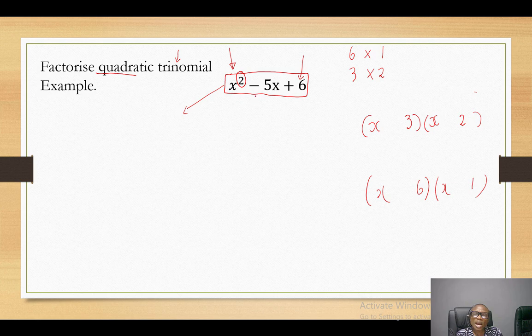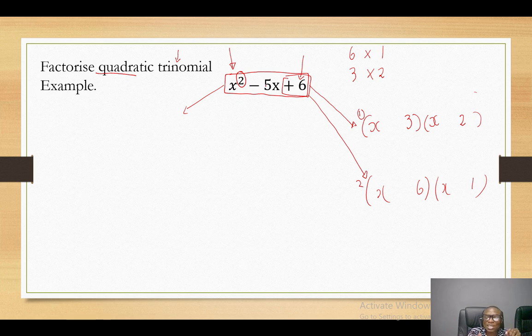So x squared minus 5x plus 6, when we factorize it, the result from one of these will be correct. They can't both be correct. We have to look at which one is correct. Are we going with the first one or the second one? So now let's check. What is the sign of the last term? It's positive 6. In this quadratic trinomial, the sign of the last term is very important.